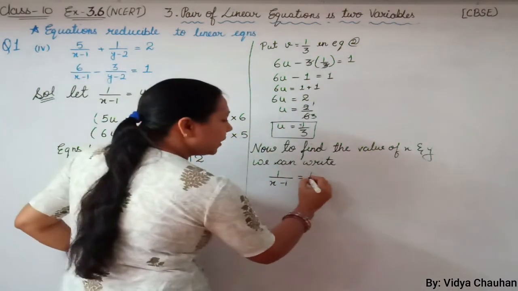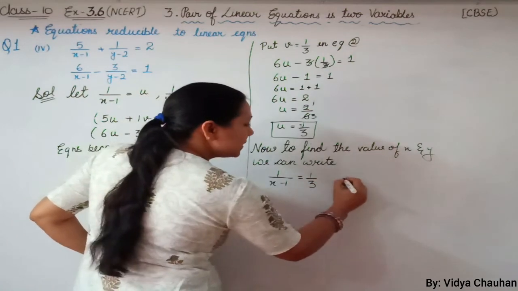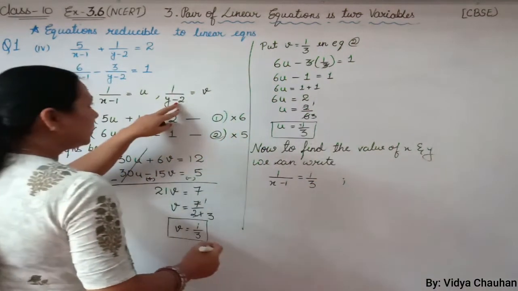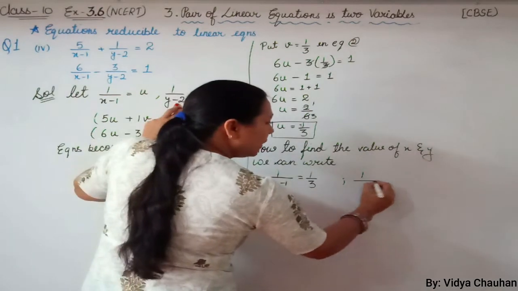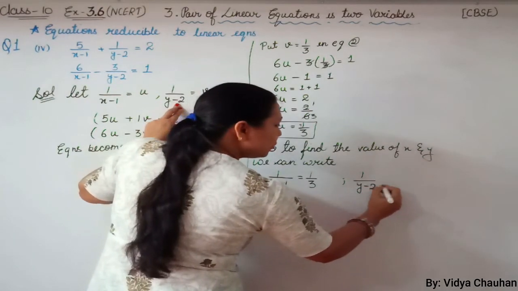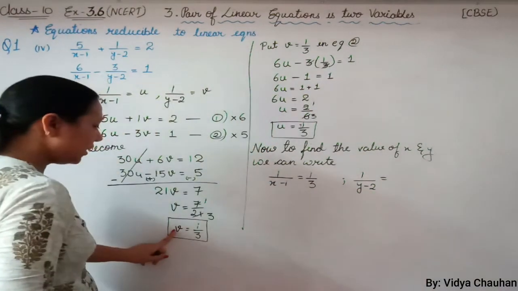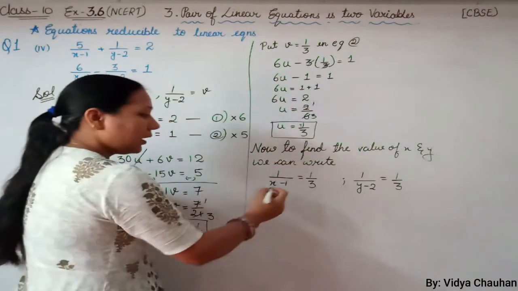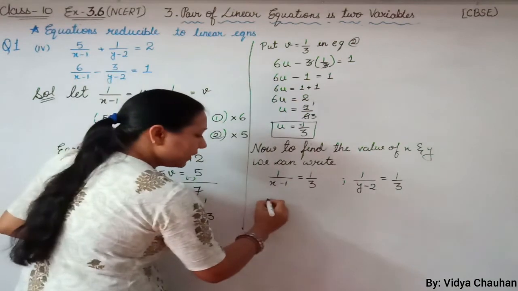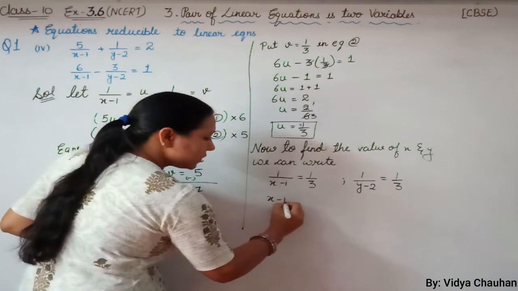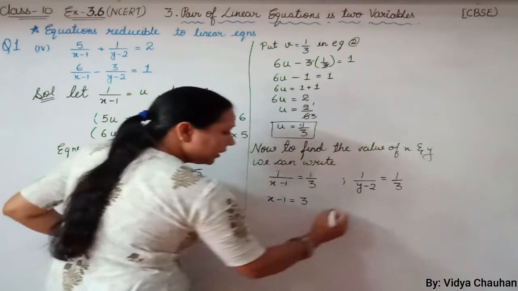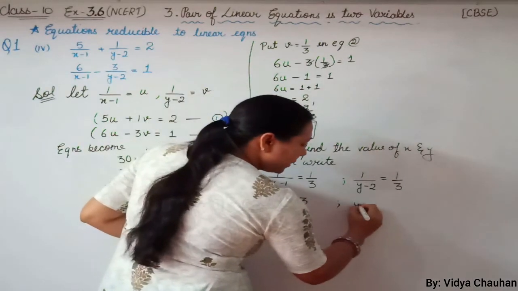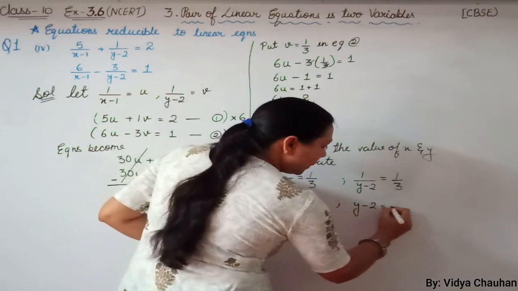It is 1 upon 3. And similarly, we can write 1 upon y minus 2 equals, what is the value of v? Again 1 upon 3. Now let us cross multiply. So you'll get x minus 1 equals 3. And here the second equation becomes y minus 2 equals 3.